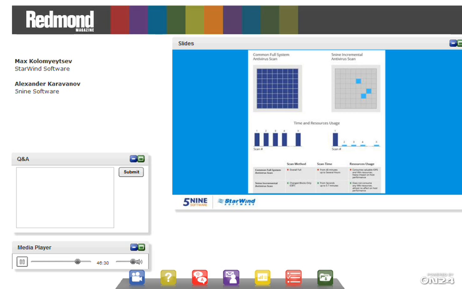All of these are equal, so you have to spend all of that time for full system antivirus scans. When you use change block tracking, you just do a full initial antivirus scan once, and every single subsequent scan becomes incremental. You scan only changed blocks, and you can clearly see that there are just a few of them to be scanned compared to full system overall scanning.